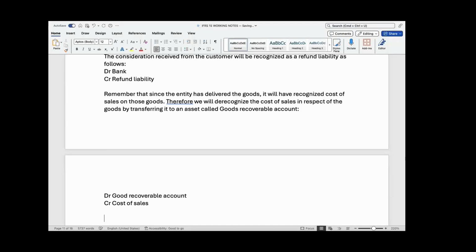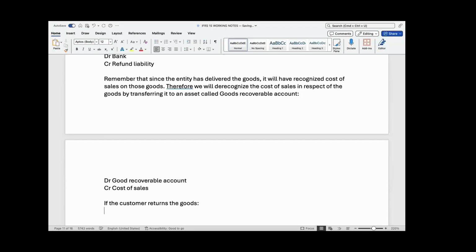So if the customer returns the goods, then fine, we'll give him back his money. We'll credit bank and we'll close out that refund liability account.